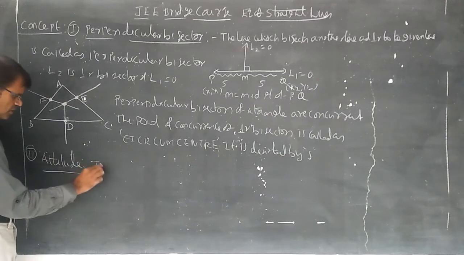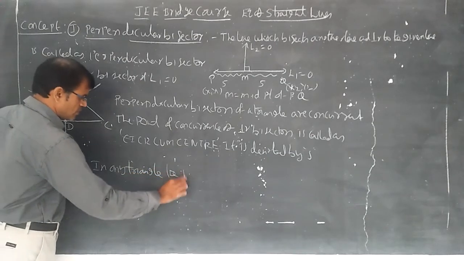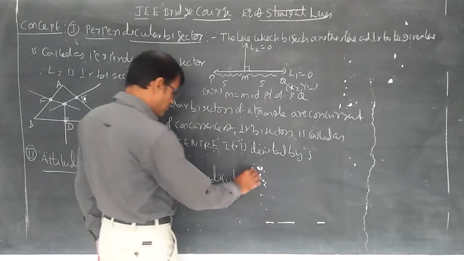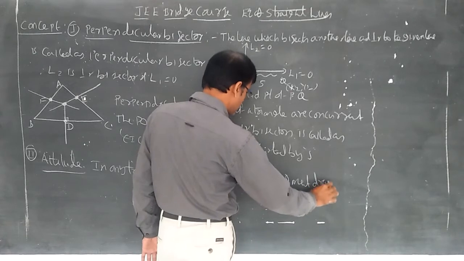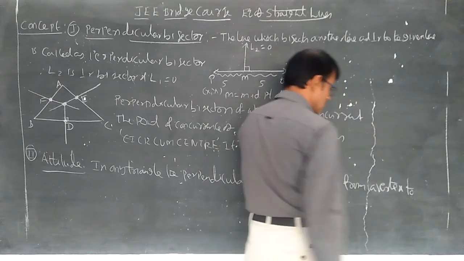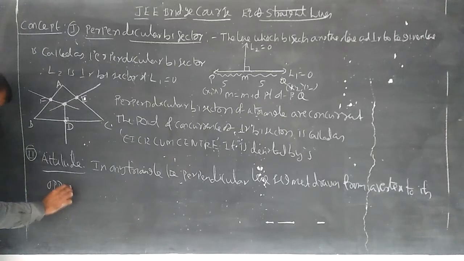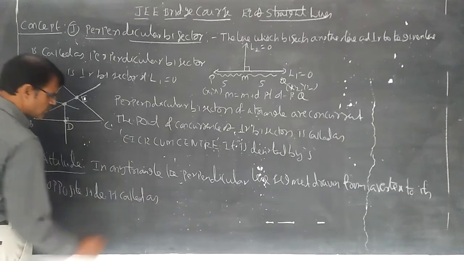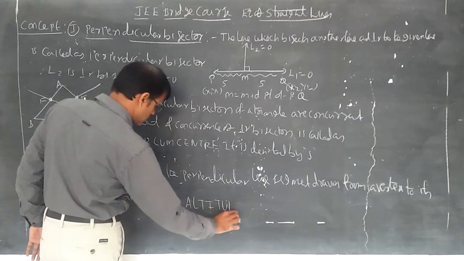Altitude. In any triangle, the perpendicular line segment drawn from a vertex to its opposite side is called an altitude.